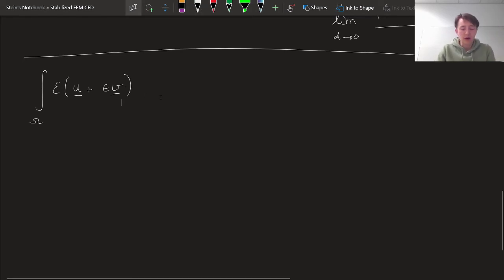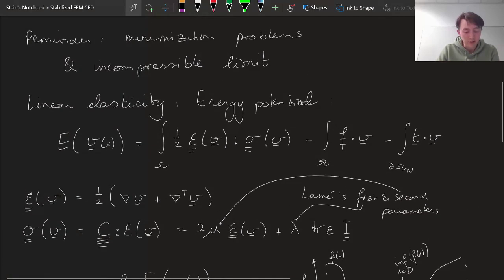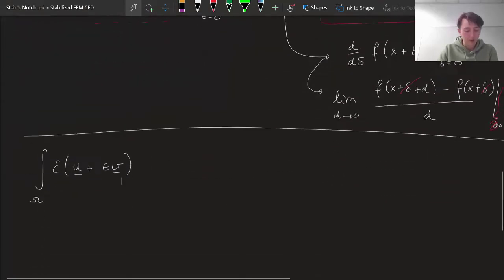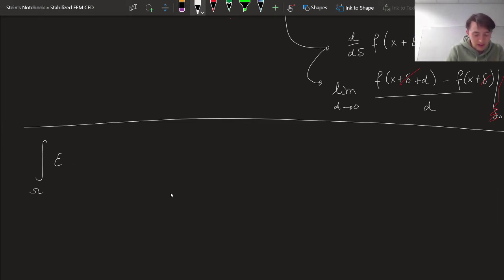Before I have to write 20 lines, I'll realize right now that my strain operator is a linear operator, which means that I'll be allowed to simply separate this out. So I actually get the strain of u plus epsilon times the strain of v, double contracted by C, double contracted by, again, the same thing.